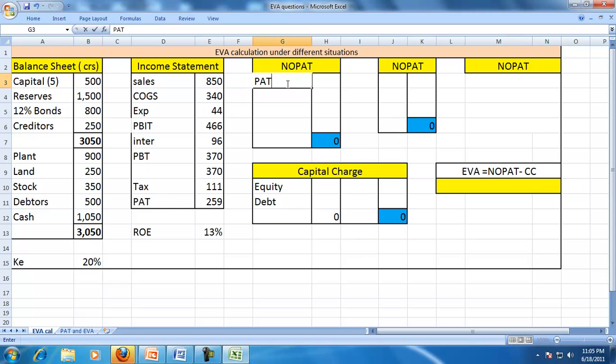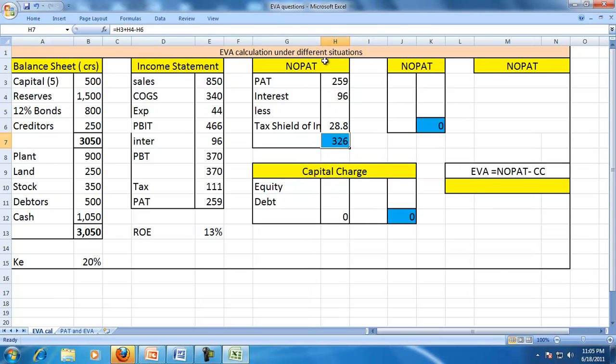I'll take PAT from the income statement, then add back interest, and deduct the tax benefit, or tax shield, of interest, so into 0.30. Therefore the NOPAT is 326. We'll discuss a bit later why the tax shield is deducted.